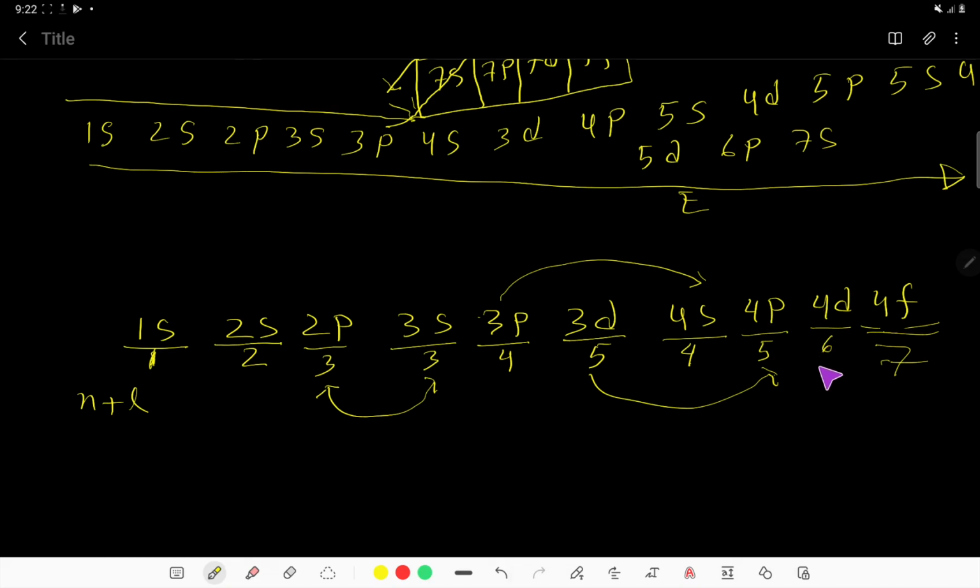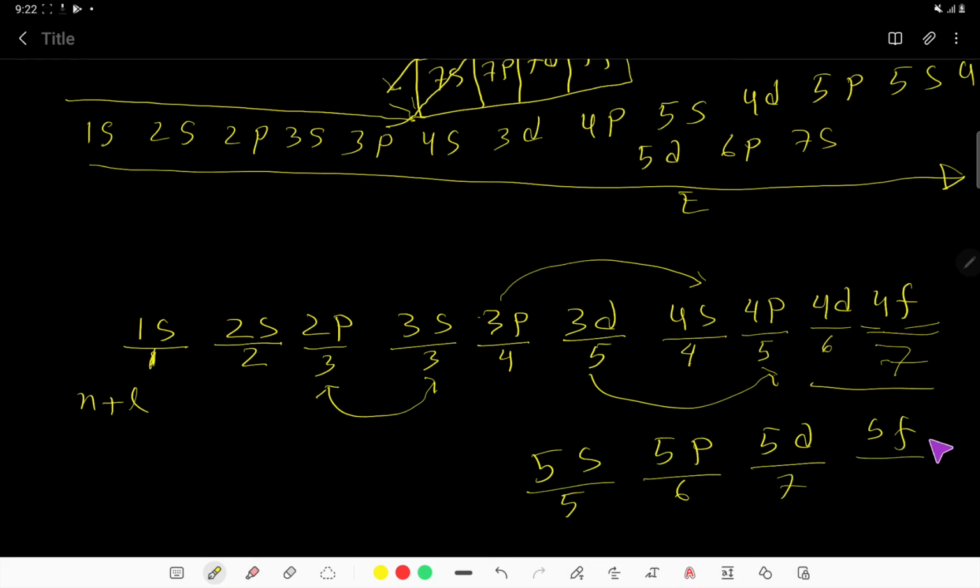Now after 4p, look, in the fourth shell we have 4d and 4f left, right? So we can write another 5s, 5p, 5d, 5f. So the n plus l value is 5, then here 6, then here 7, then here 8. So here we have 4d, energy is 6, right?